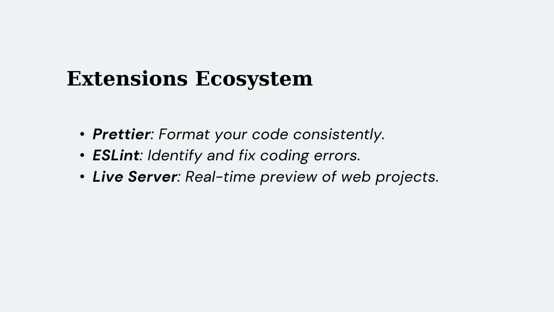Extension ecosystem. Because VS Code is open source and extensible software, it is powered by countless plugins created by developers and programming communities around the world. These plugins are tools that make the development process faster, more efficient, and offer a wide range of features.